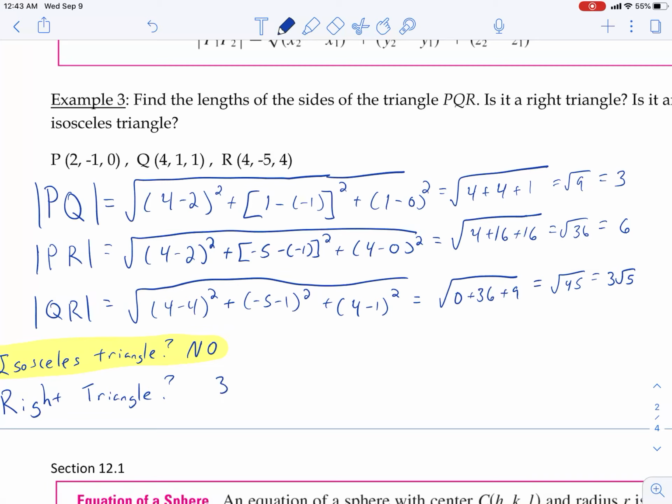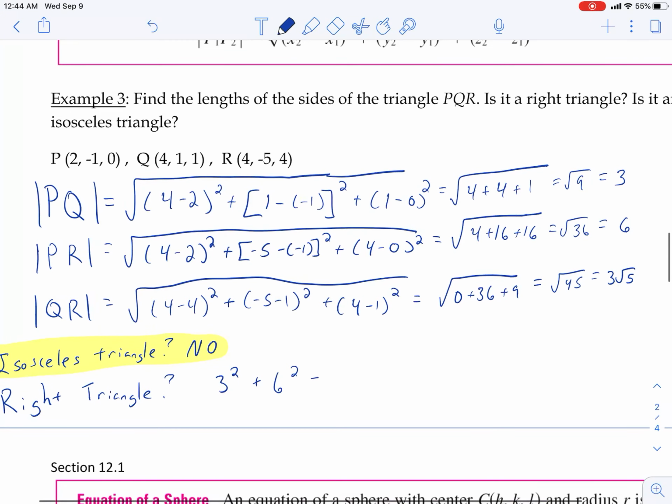So we have 3 squared plus 6 squared equals, and I'm going to use square root of 45 squared. I'm not going to square 3 square roots of 5. It's easier to deal with square root of 45. And so this gives us 9 plus 36 equals 45. And of course that checks out. So yes, it is a right triangle.